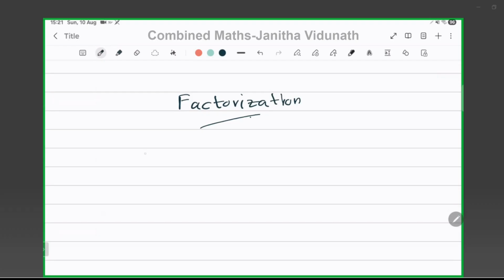The first rule of factoring is common factoring.